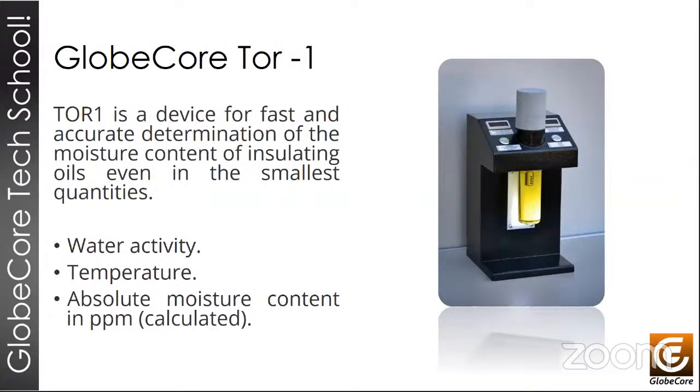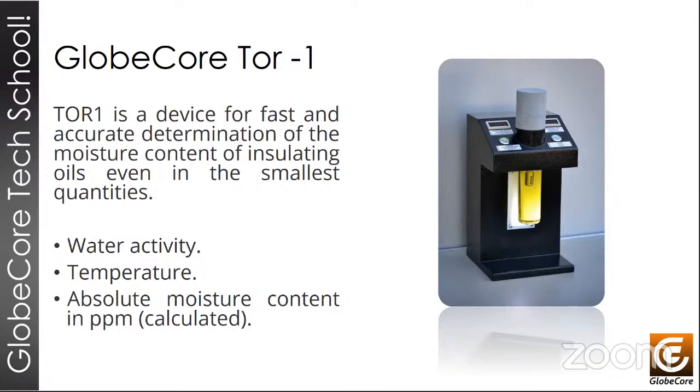So the decision to perform oil purification and drying requires data on the correct state of the oil in the transformer. Besides, it's important to keep track of how efficient those processes are when we do them. The methods that we spoke about earlier are to an extent indirect, and this is why GlobeCore is currently making the TOR product line available. This product line is designed to support oil recovery and regeneration in the field, but this equipment can be perfectly used as part of a laboratory indoors.